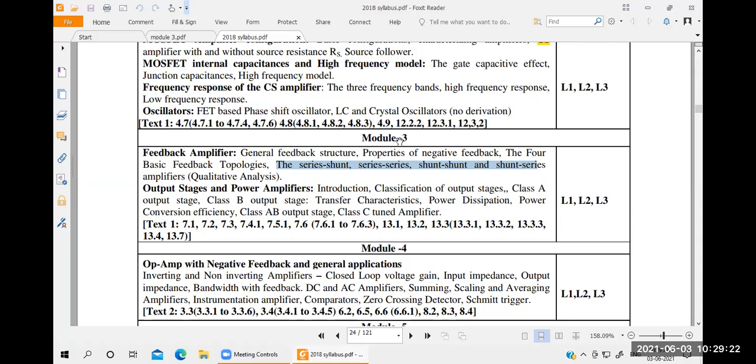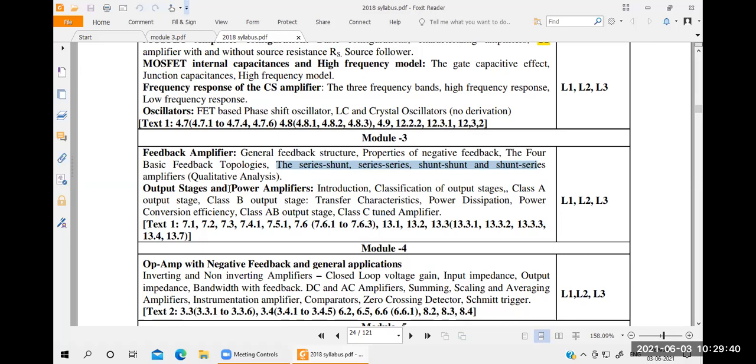Next, the second part of module 3 is the output stage and power amplifier. So output stage means we want to take the amplifier output.